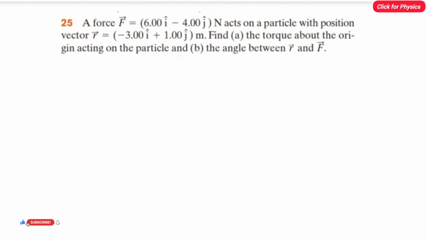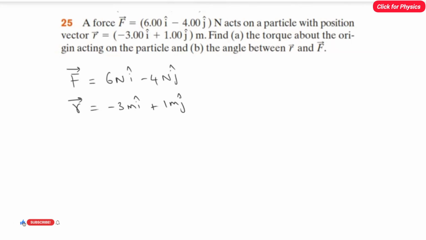So here we have two vector equations. One is for force, one is for position vector. Let's write that first. Force vector F, which is equal to 6 Newton i cap minus 4 Newton j cap. And then the position vector r, which is equal to minus 3 meter i cap plus 1 meter j cap.